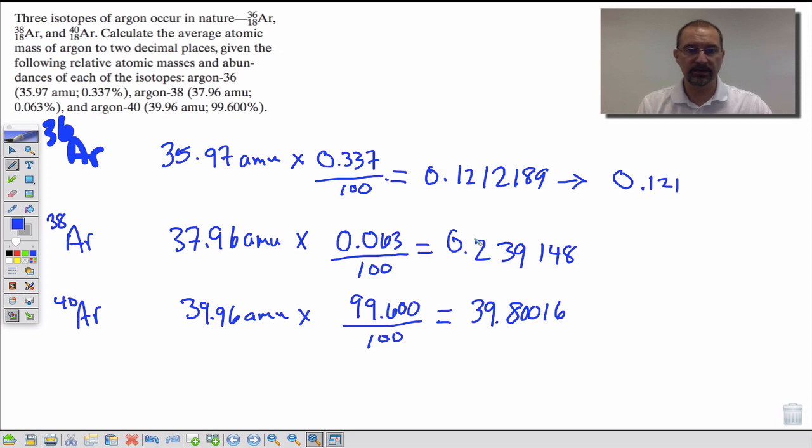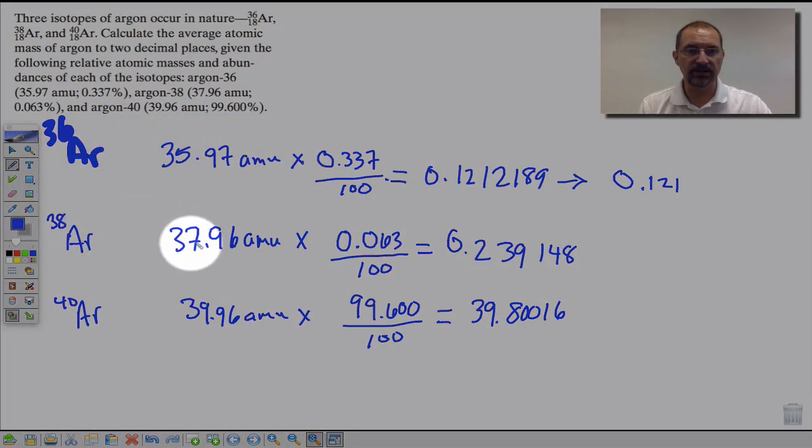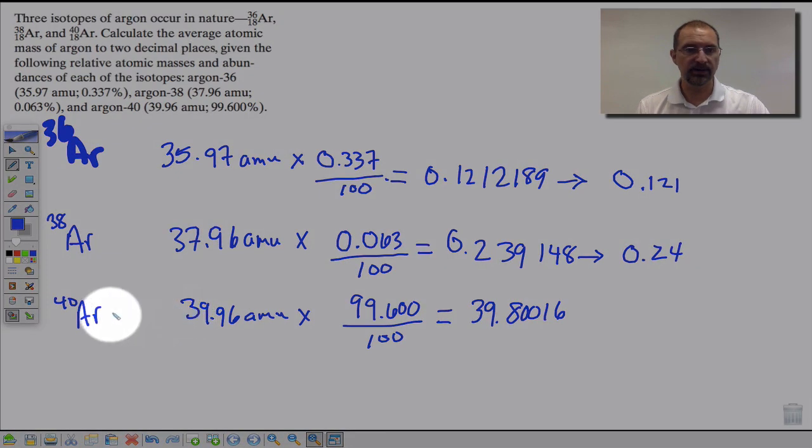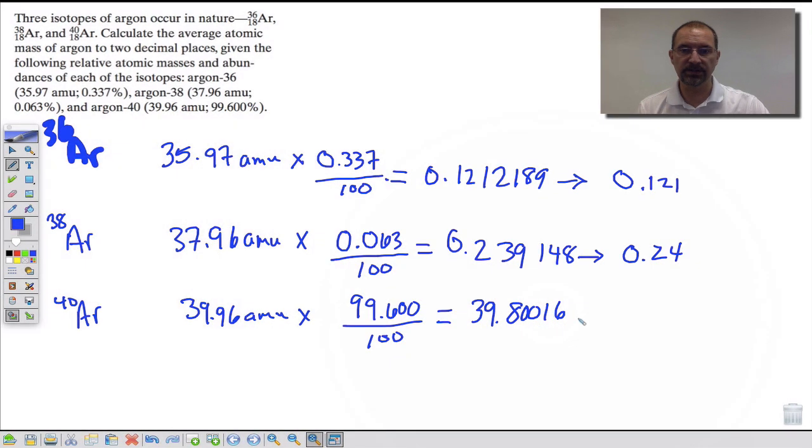Then for argon 38, I've got 4 significant figures here, but only 2 in the percent abundance, so I've got to round that to 2 significant figures, so 0.24. Down here with argon 40, I've got 4 significant figures in the mass and 5 significant figures in the percentage, so I need to round this number to 4 significant figures. That gives me 39.80.